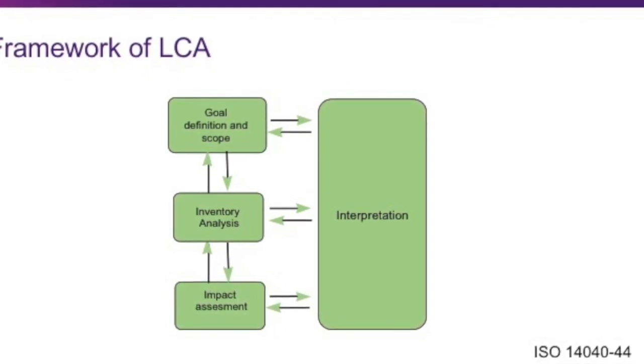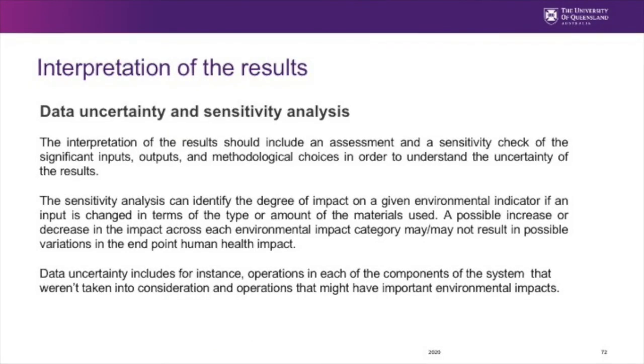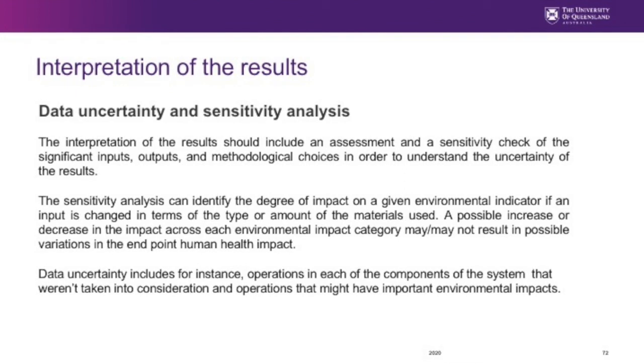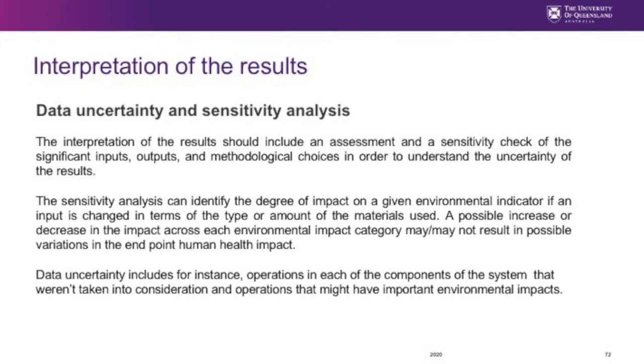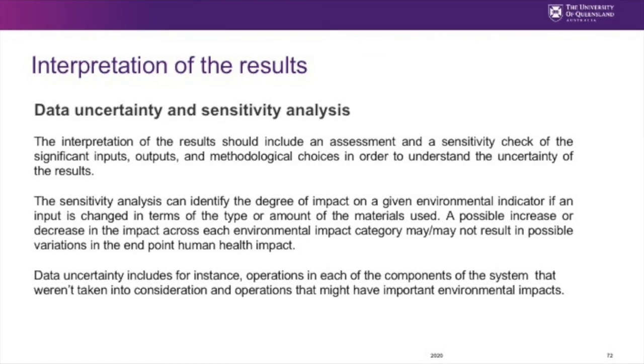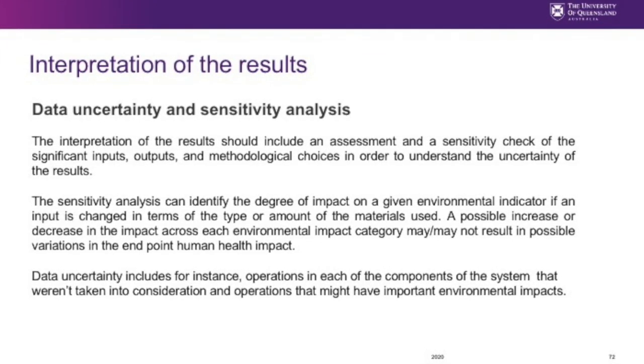And now we can have the interpretation of the results, and we can start having some sensitivity analysis. This is the area where you will have to start using systems thinking to consider different scenarios.